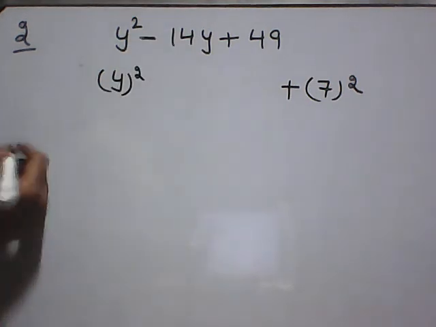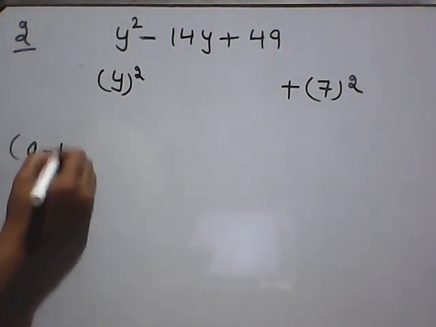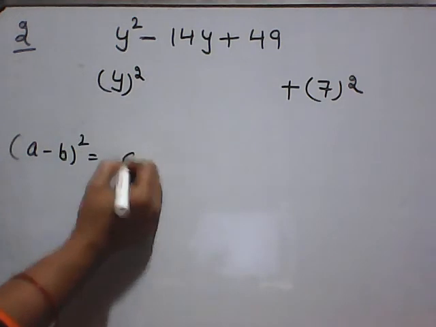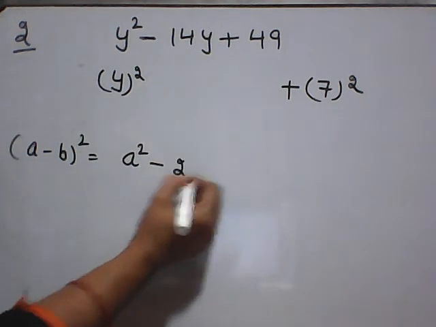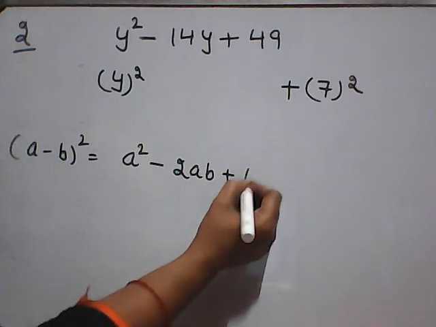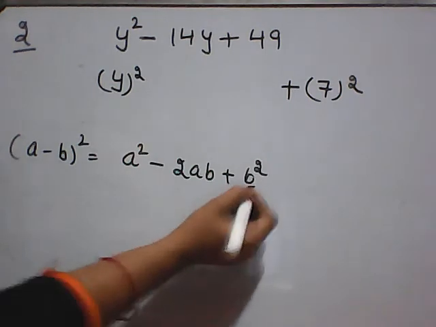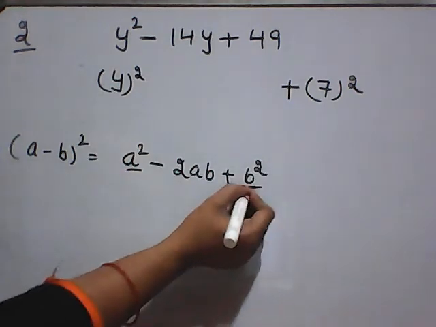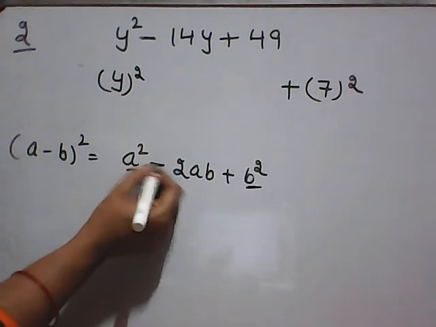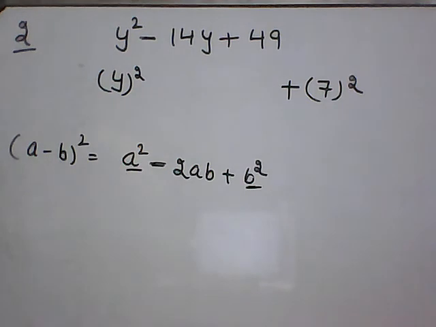So we have the identity (a minus b) whole square is a square minus 2ab plus b square. In this identity, the first and third terms are perfect squares with a negative sign before the middle term. So this expression fits into the second identity.